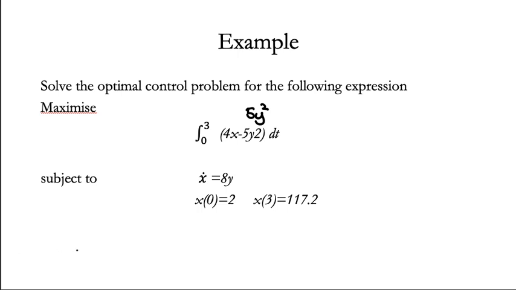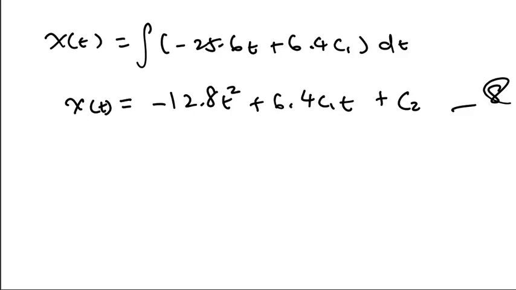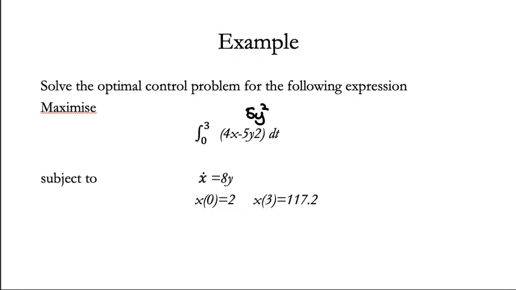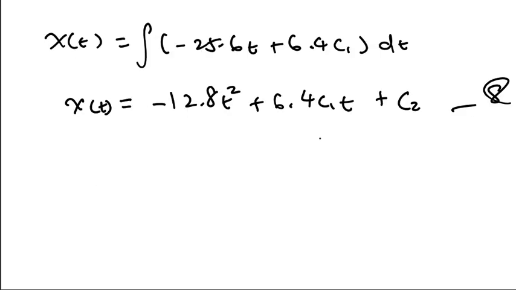These boundary conditions we can now use to solve for the constants of integration, C1 and C2. So you apply x0 equal to 2 and x3 equal to 117.2 in order to get C2 and C1. All right, now how to get it?